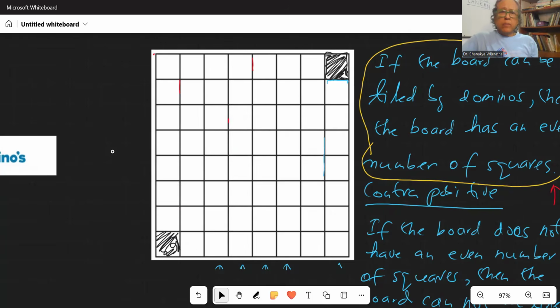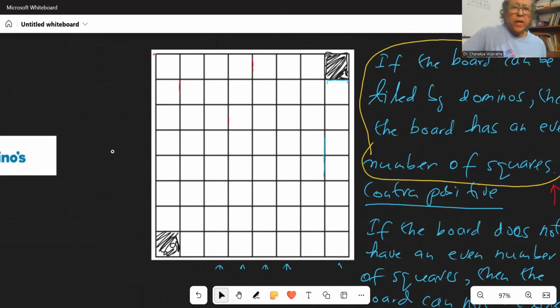So this may be tiled, or may not be tiled, right? Just because it has an even number, we don't have a definite answer, right? Now, we came up with a board with 2 squares which can be tiled. And in the early task, we tiled a board with 62 squares. Okay, what about this one?